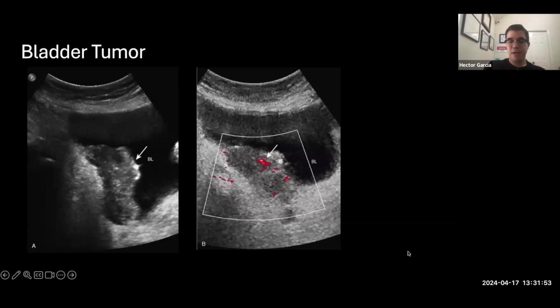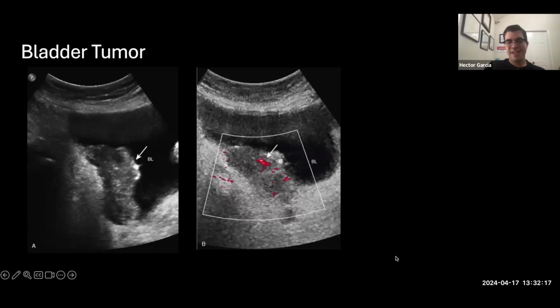Now, the other high-yield presentation is in children, maybe around 1 year of age, who have painless hematuria. If you're suspecting bladder tumor, it is an adenocarcinoma of the bladder, and that's because of failure of the urachus to involute. That is the pathophysiology behind it.